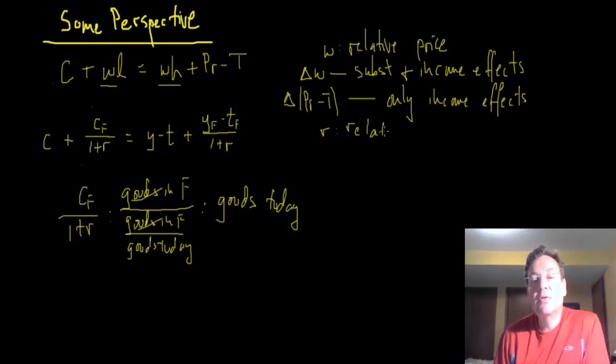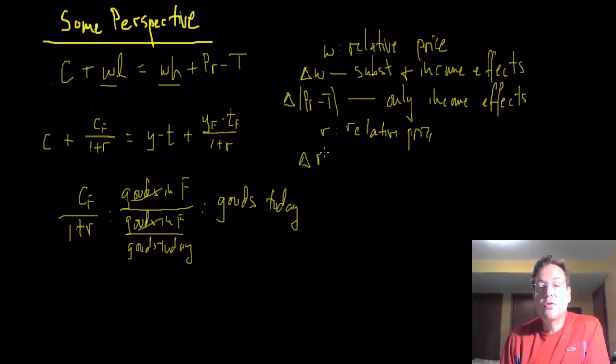R is going to be a relative price, and a change in R is going to generate both substitution and income effects.